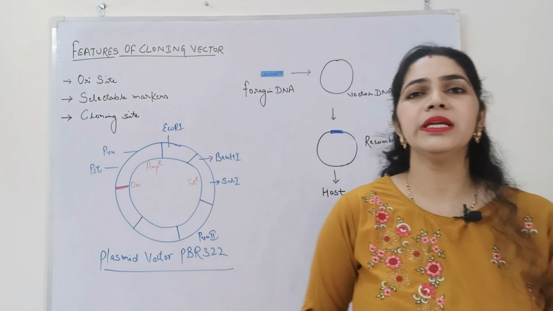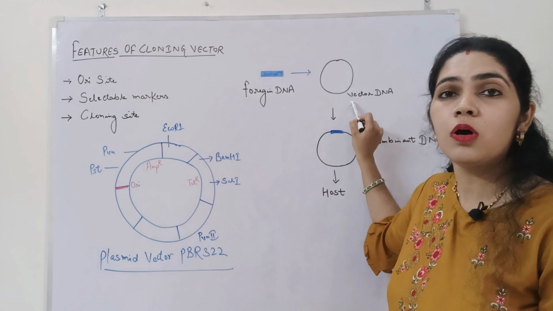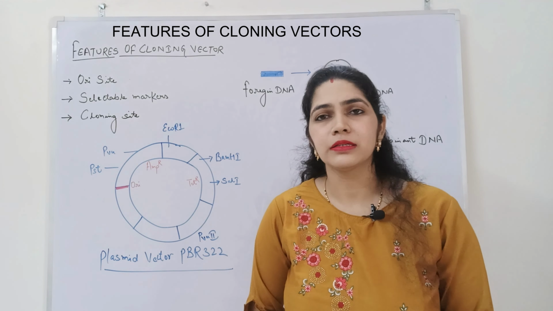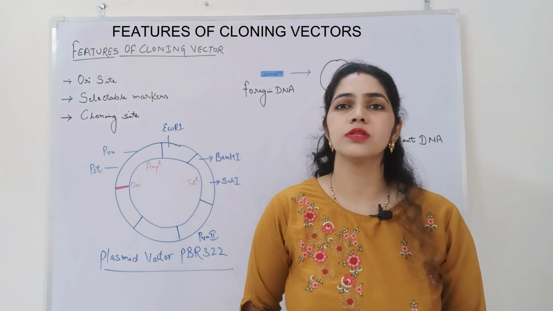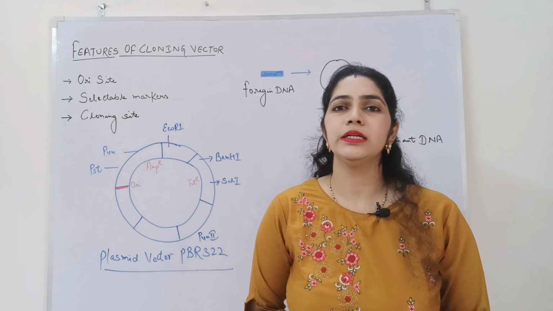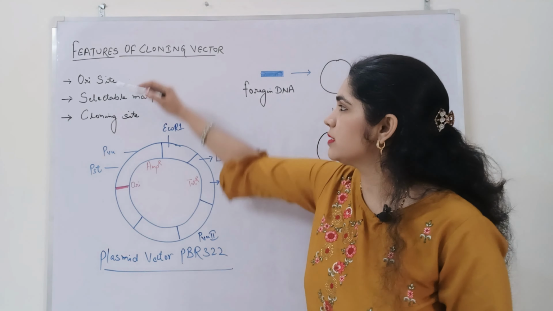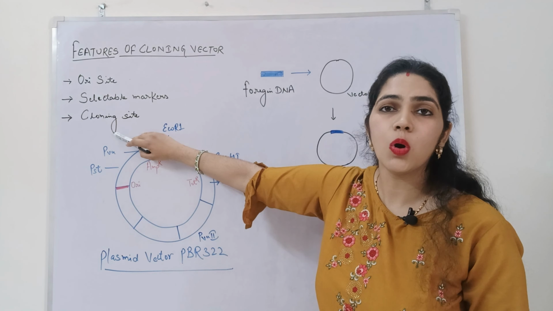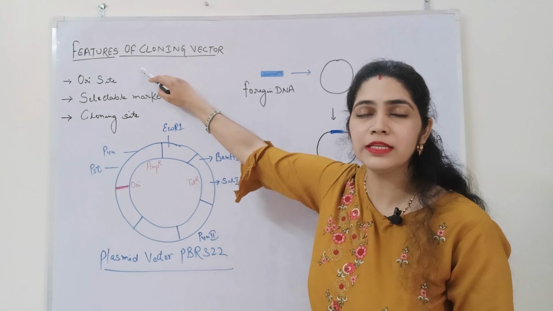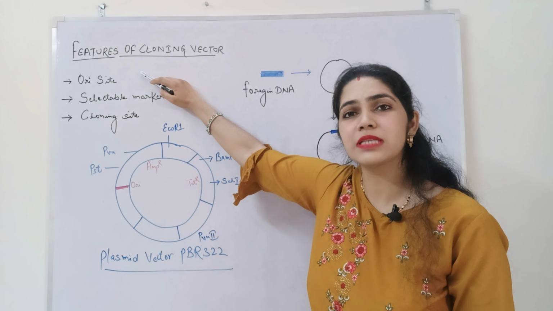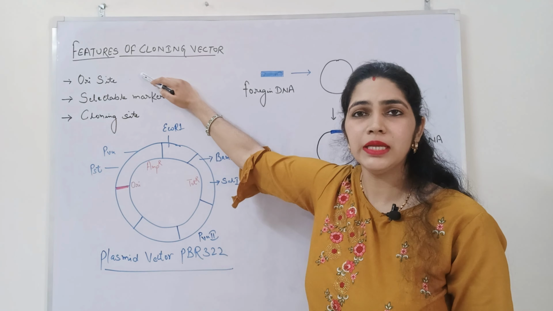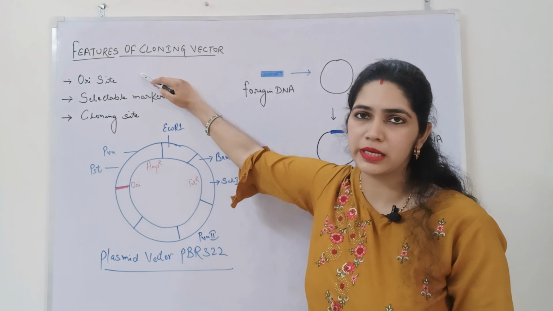In the process of recombinant DNA technology, cloning vector or vector DNA play a vital role, and certain characteristics make a cloning vector a good cloning vector, and these characteristics are presence of ORI site, selectable marker and cloning site. As we all know, ORI sites are those sequences of DNA molecule from where the replication starts, and any piece of DNA when linked with this site will be made replicable in the host organism.